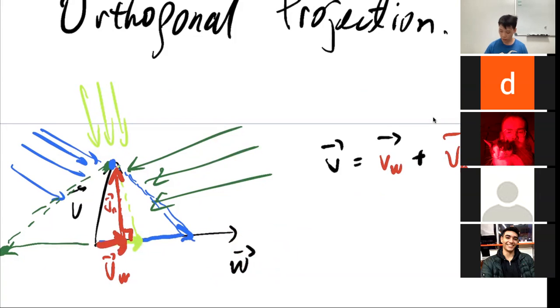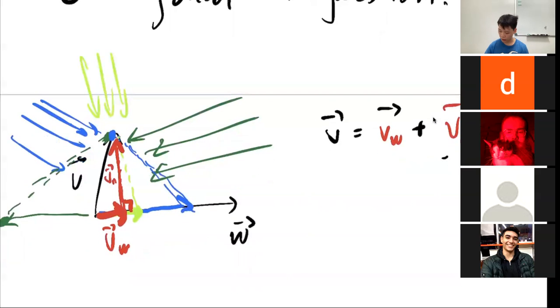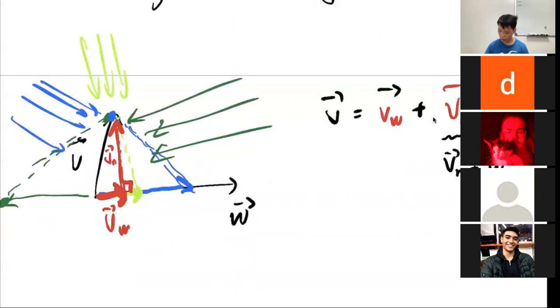And the v_n, the other vector, is perpendicular to the vector w. So since v_n is a normal vector to the vector w, that means that the dot product is 0.